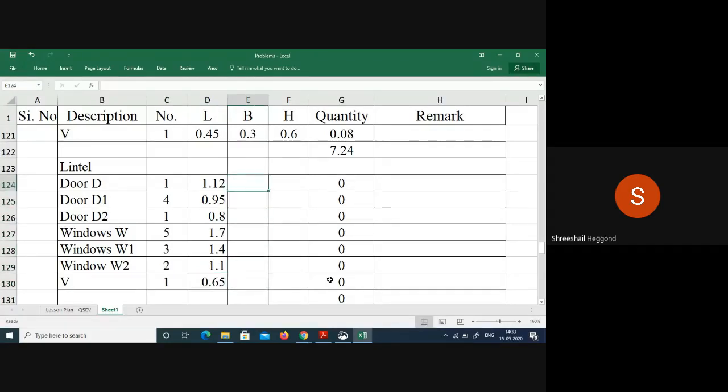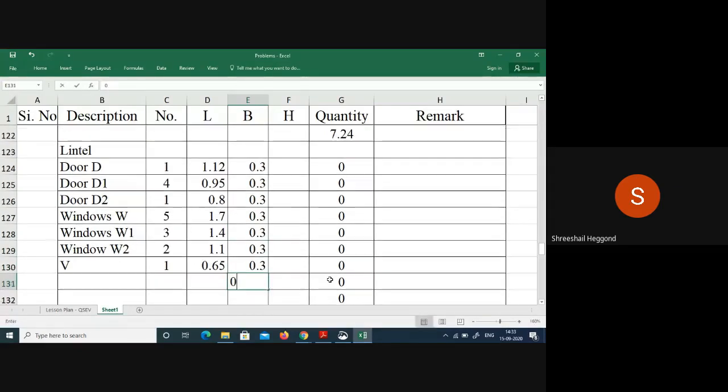The width is 0.3 for all. Next, height for all will be considered as 15 centimeter.